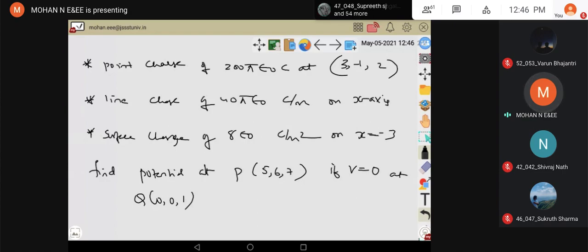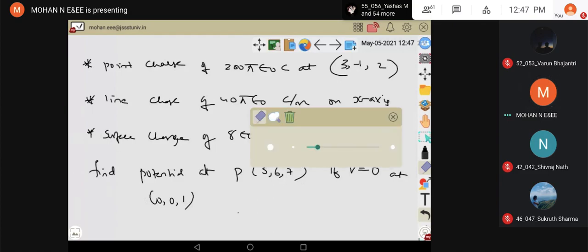Until now we have seen that the reference voltage was assumed to be at the infinity point. Here there is a small change. The reference voltage is assumed to be at point (0, 0, 1). So this is given to you.